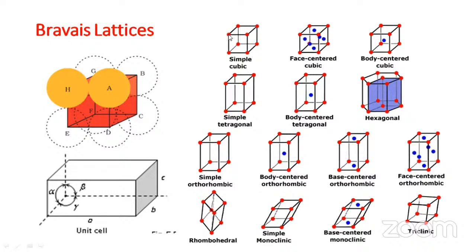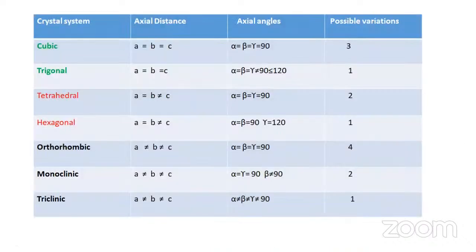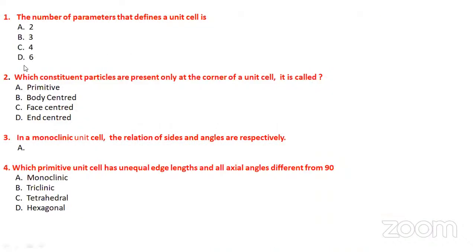So that unit cell is called what, Nana? Simple unit cell. Or you can also call it a primitive unit cell. Okay, so in a primitive unit cell, only the particles are present at the corners. Let us go for the next question.